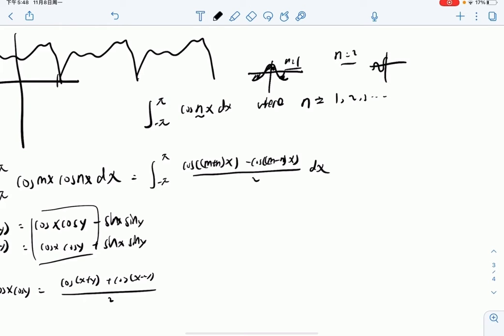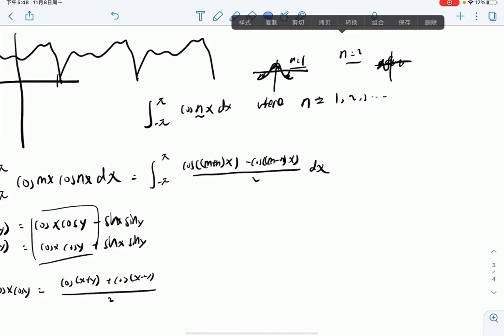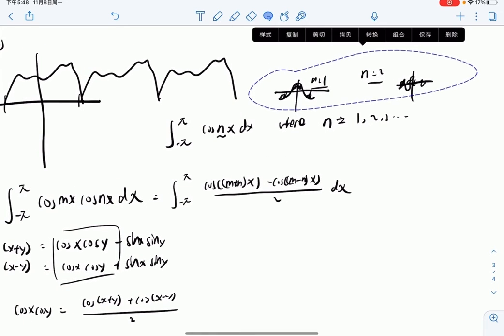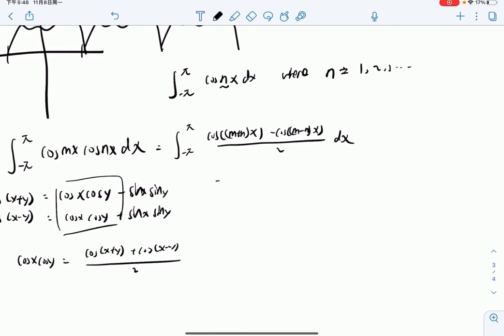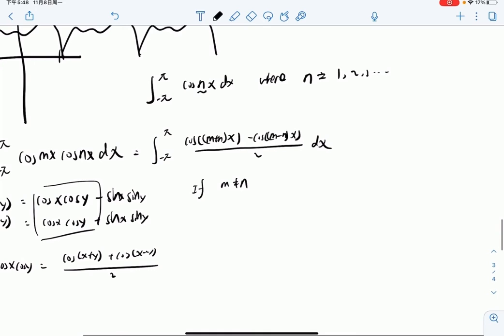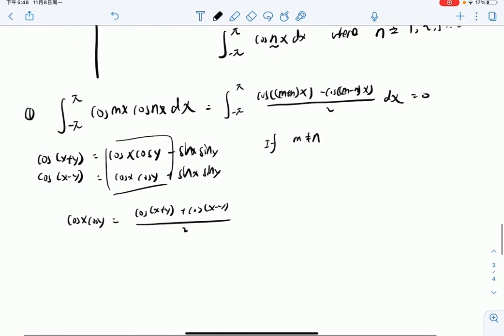If you draw the graph like this, you can see it is equal to 0. So basically, if m is not equal to n, this term is going to be equal to 0, since the area under the curve is 0.